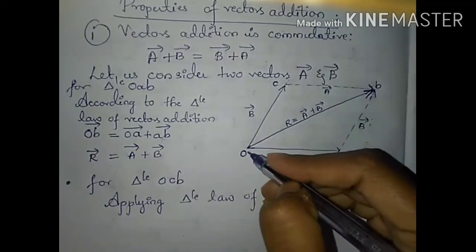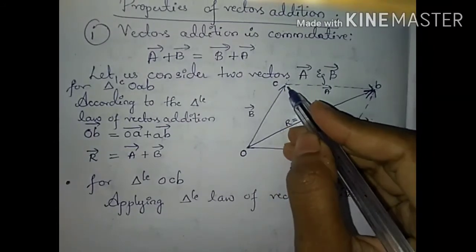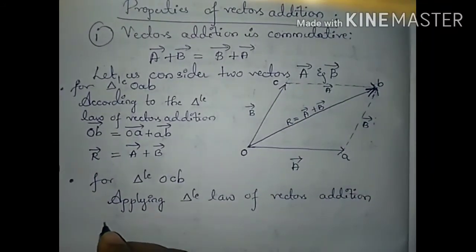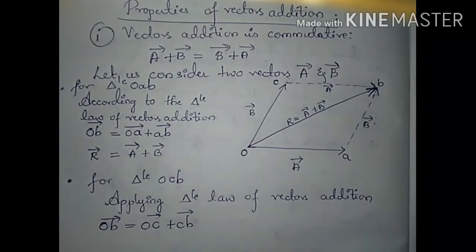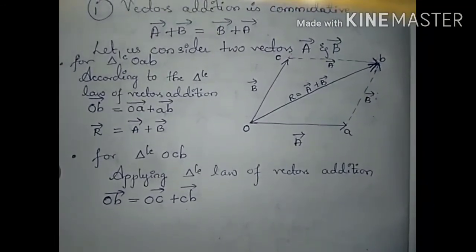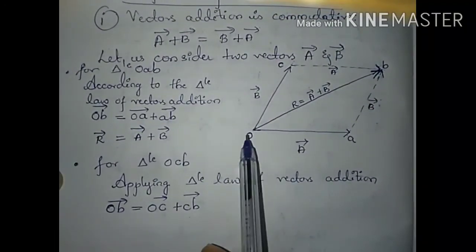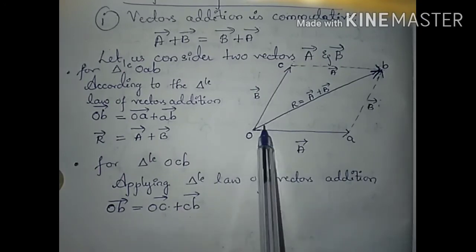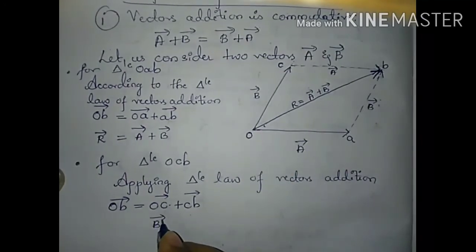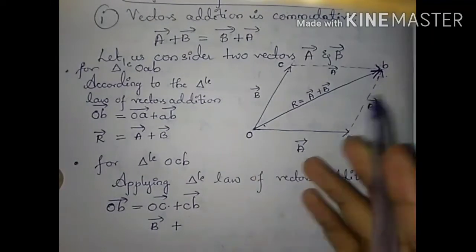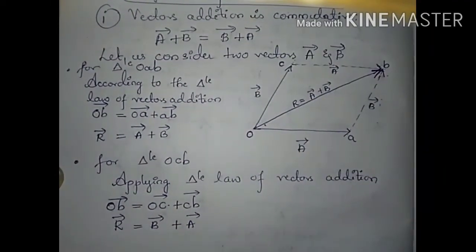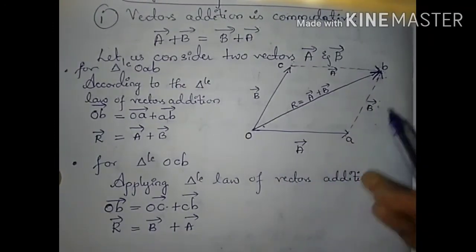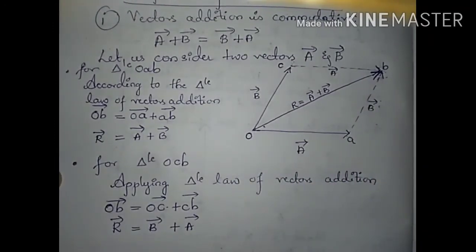OB is equals to OC plus CB. So OC is vector B plus CB is what? Vector A. So this again gives you what? Resultant vector. So that is again in the direction of the first R that we have got.